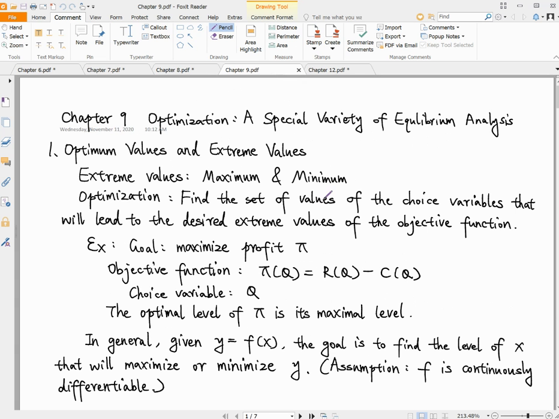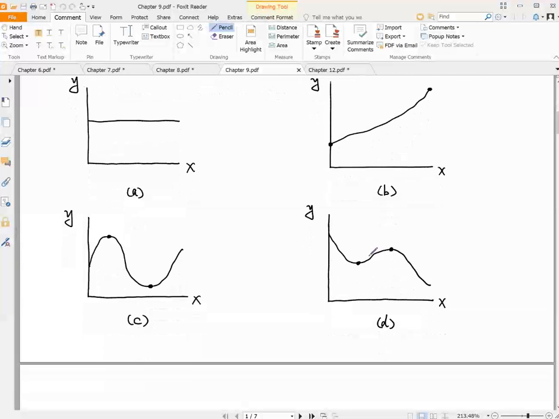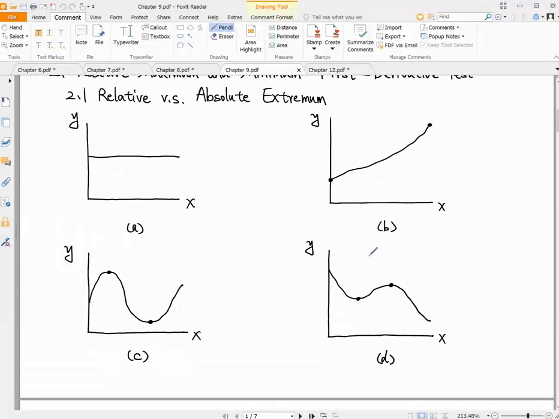Okay. So for chapter 9, we talk about the optimum values and extreme values. The first thing you need to know is what relative and absolute extremes are, right? We use 4 graphs here to show that these 2 points, for example, are relative extremes, but the point here is the absolute maximum in the range, right?